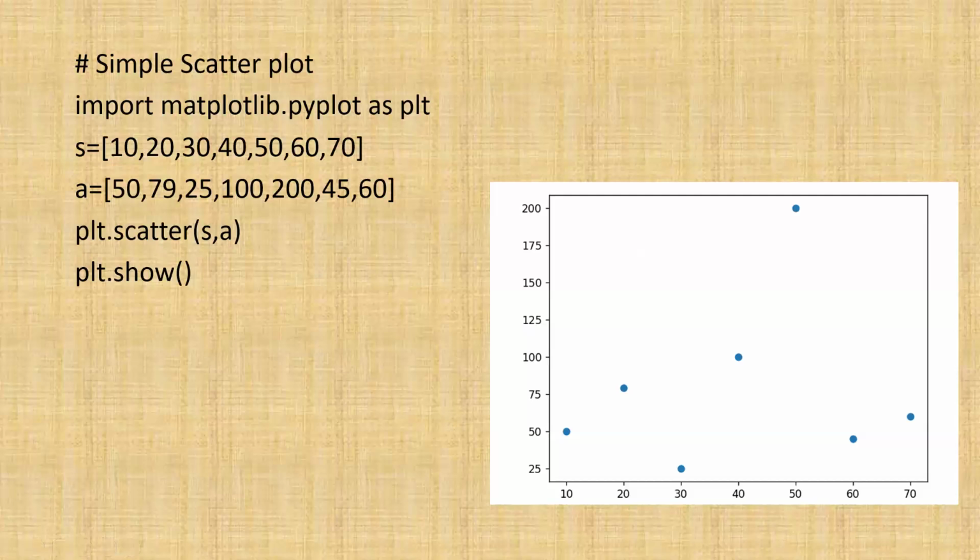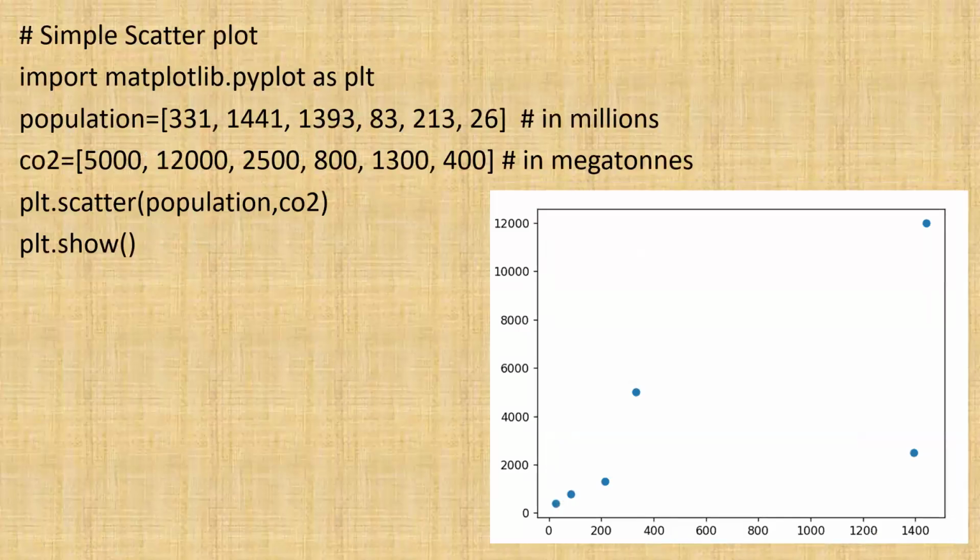Now one more thing is that I thought that was a very illogical example, so I took this one where I'm saying that along with population levels, how much is the CO2 level. So where population is low, the CO2 level is low. Where population in millions is higher, we find that the CO2 level is also higher in certain cases. Okay. So that kind of relationship I can show, similar to what we are trying to do actually.